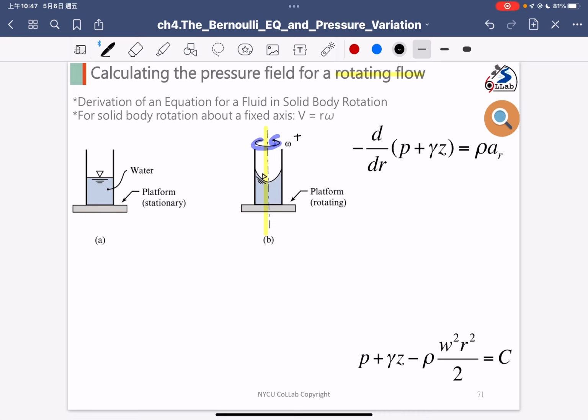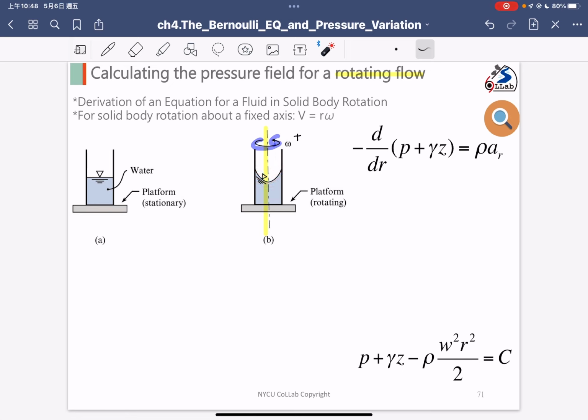Okay, so what's the problem for this question? This is the steady state condition. You see the water is a horizontal line, but after we rotate, the water surface becomes a curved line. And we know that different omega gives a different curvature of the water surface.